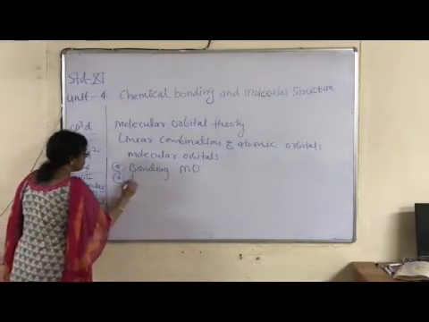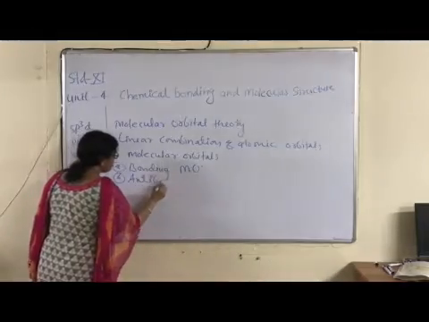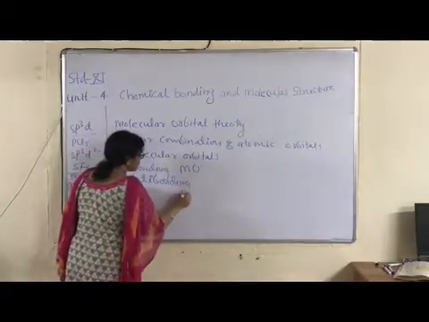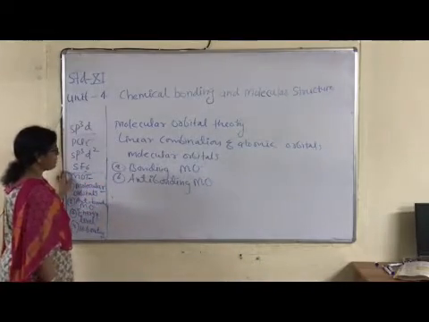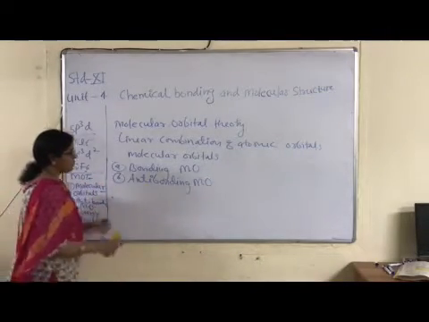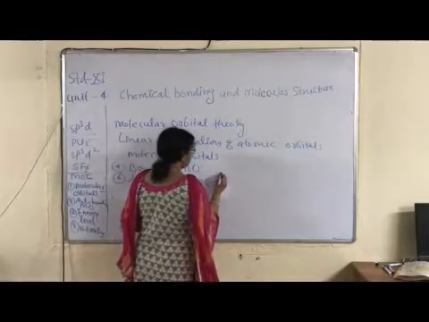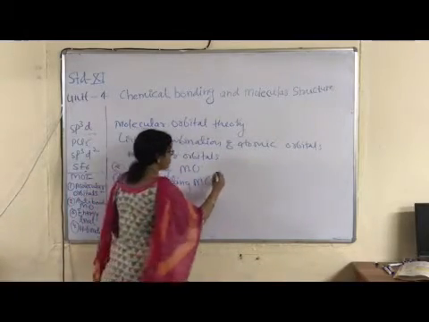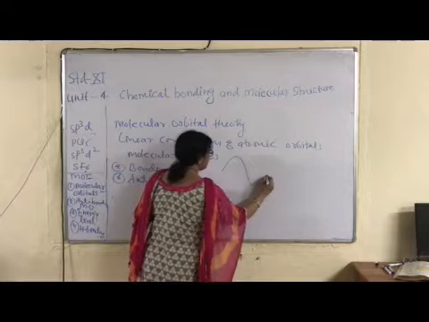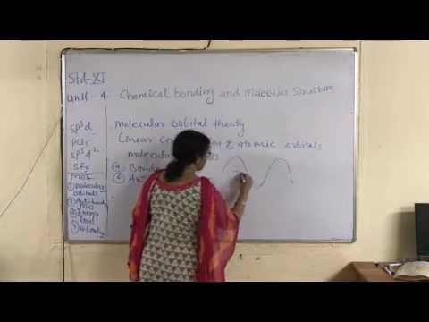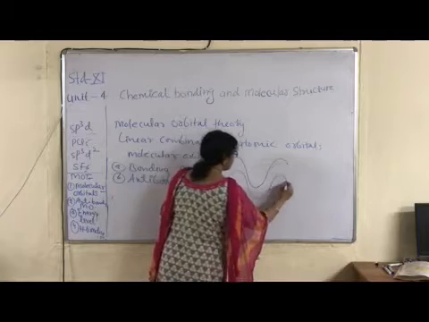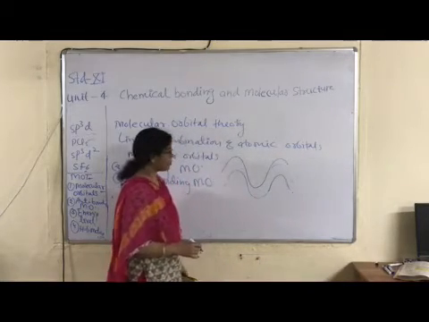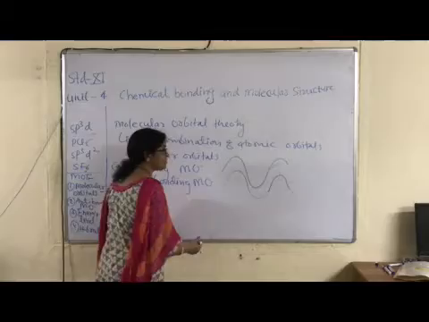Second type, anti-bonding molecular orbitals, right? Bonding means by addition or by additive effect. For example, like this, one electron wave and second electron wave. Propagation of two electron waves in the same direction, like this. This is called addition, formation of bonding molecular orbitals, right?